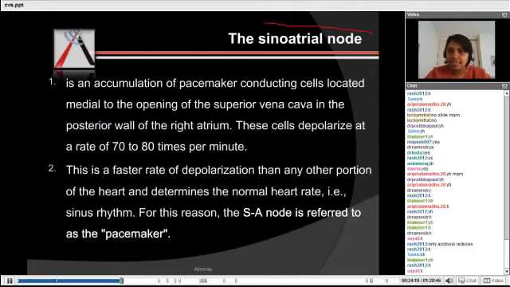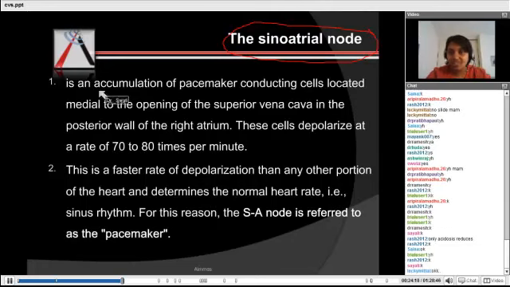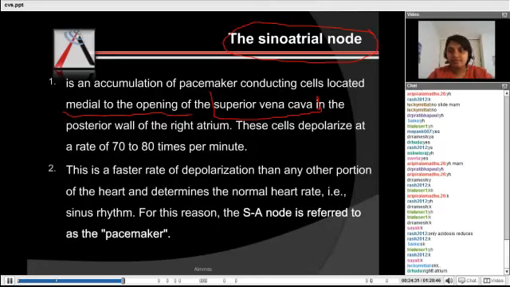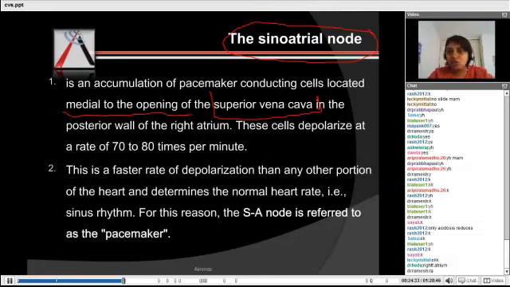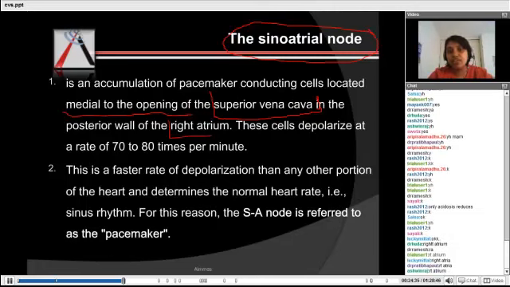Let's talk about the SA node first. What is the SA node? The SA node is an accumulation of pacemaker conducting cells. Where is it located? It is located just medial to the opening of the superior vena cava. Where does the superior vena cava open? It opens in the posterior wall of the right atrium.